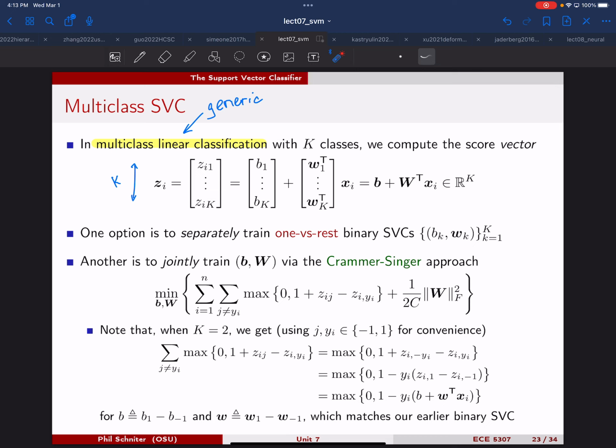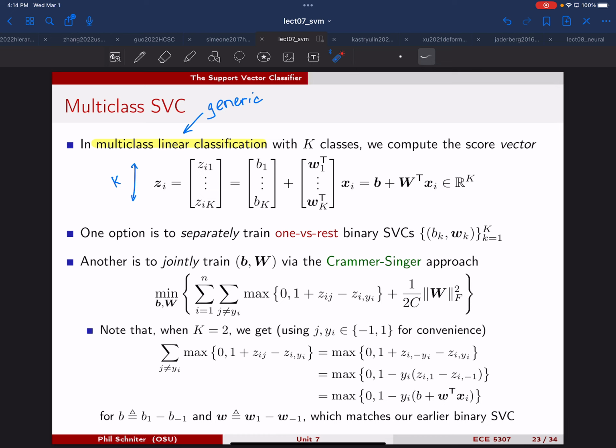Essentially how you do that is you take your training data and you split it into class k and not class k. So you start with class 1, you split your training data into class 1 and not class 1, and you train a binary classifier. Once you're done, you have the weights b1, W1, and you fix them.